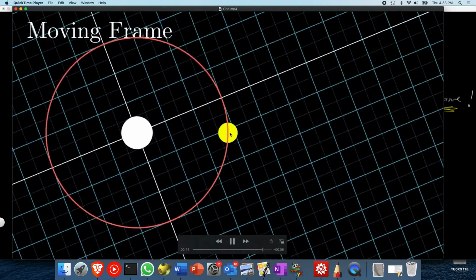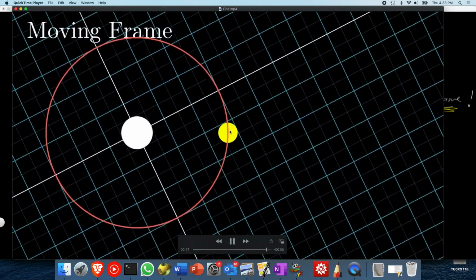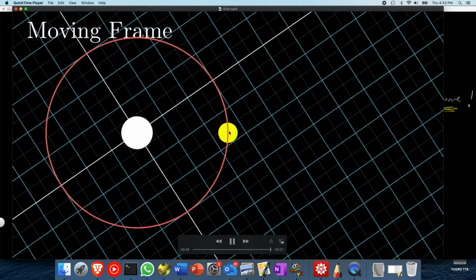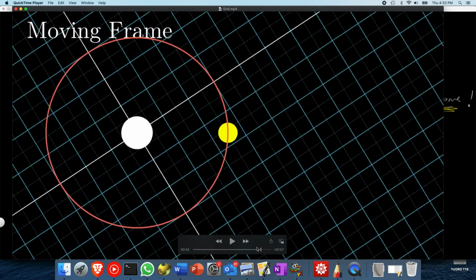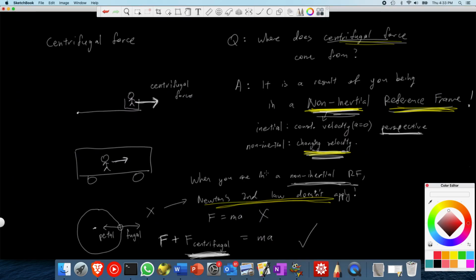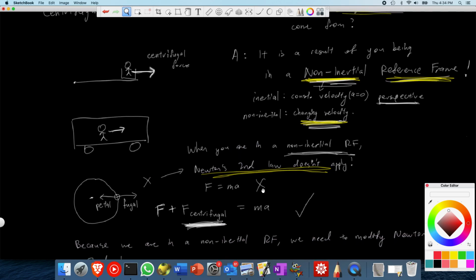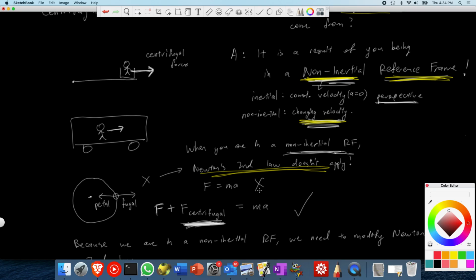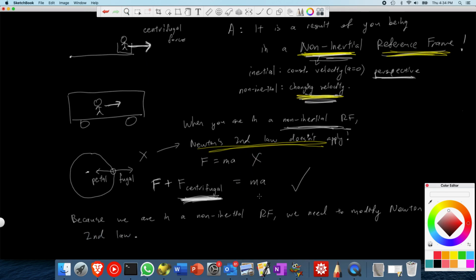When you are in the reference frame of an object undergoing circular motion, you'll see the world spinning around you, and that means that you are in a non-inertial reference frame, because you are undergoing changing velocity. Your velocity is changing, so your reference frame is non-inertial. And what we saw was that Newton's second law does not apply in a non-inertial reference frame.